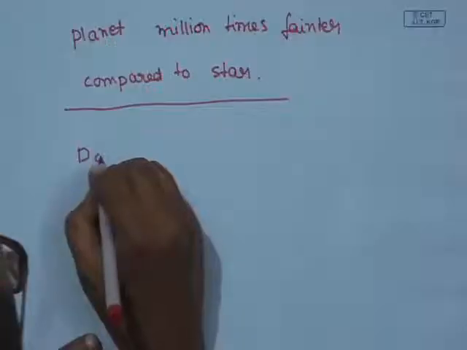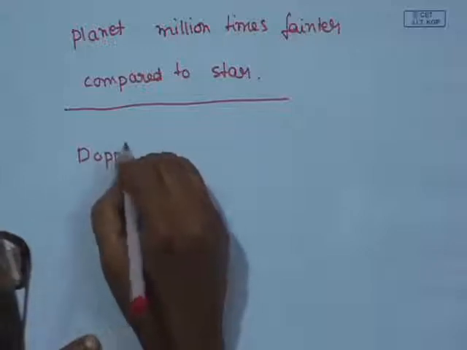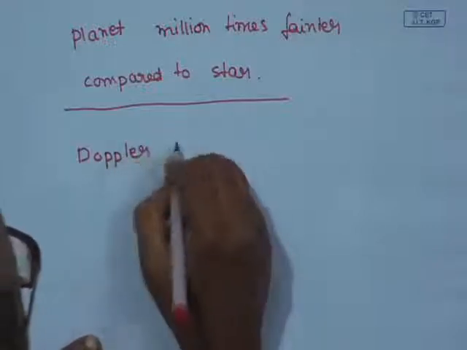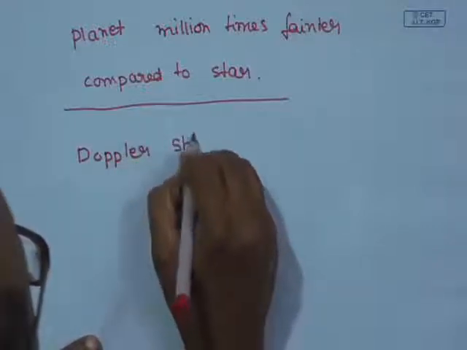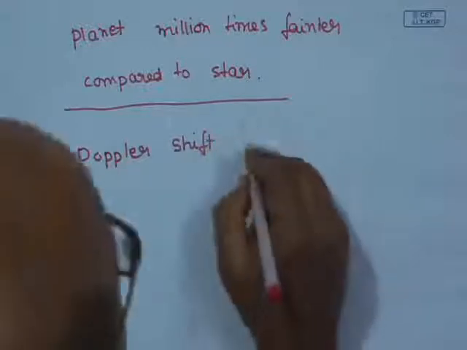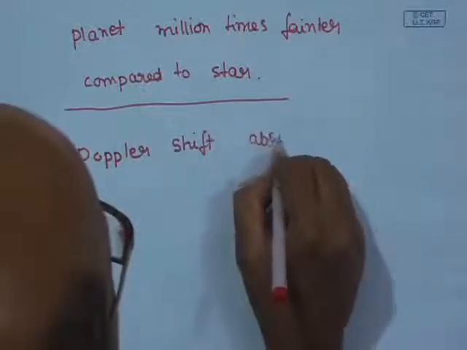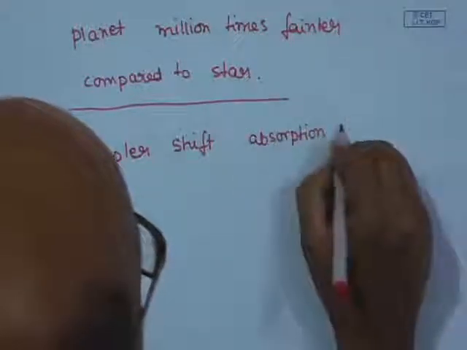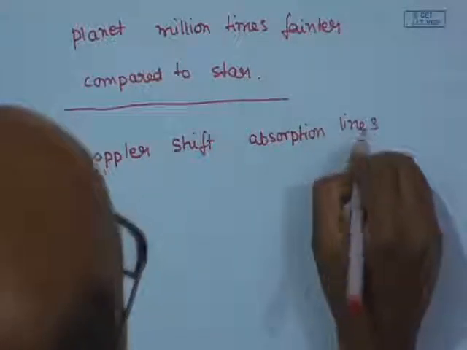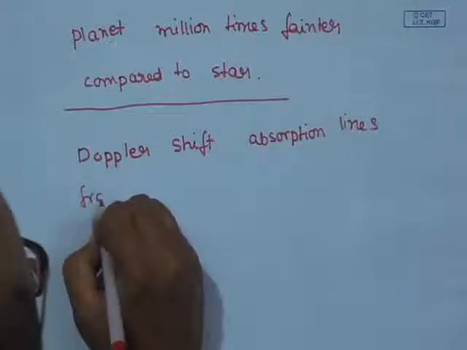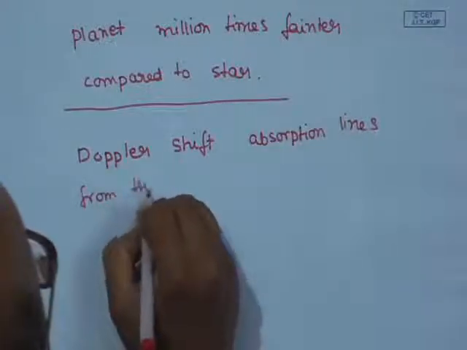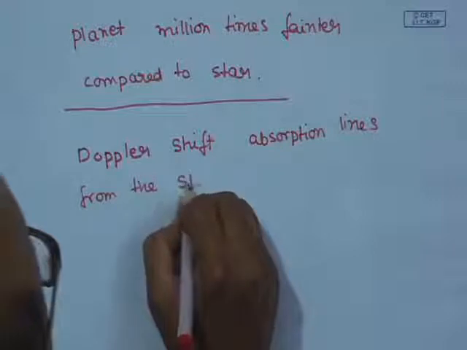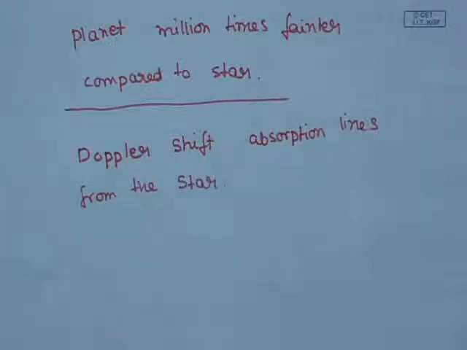It is through the Doppler shift of spectral lines, and here it is the Doppler shift of absorption lines from the star. So, what is the situation?